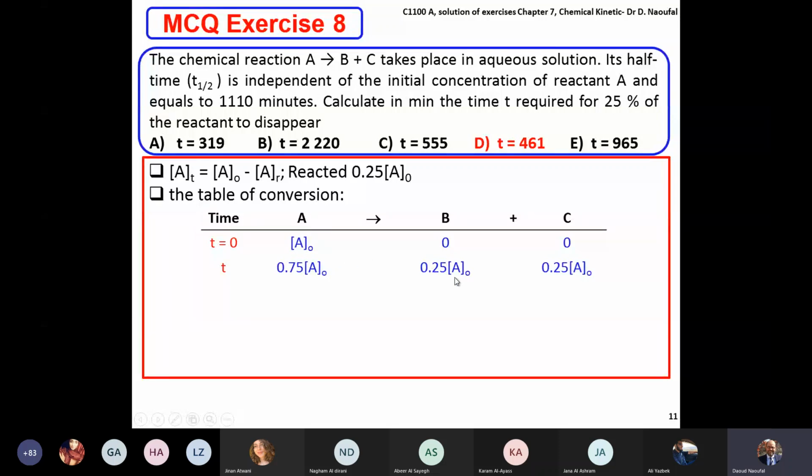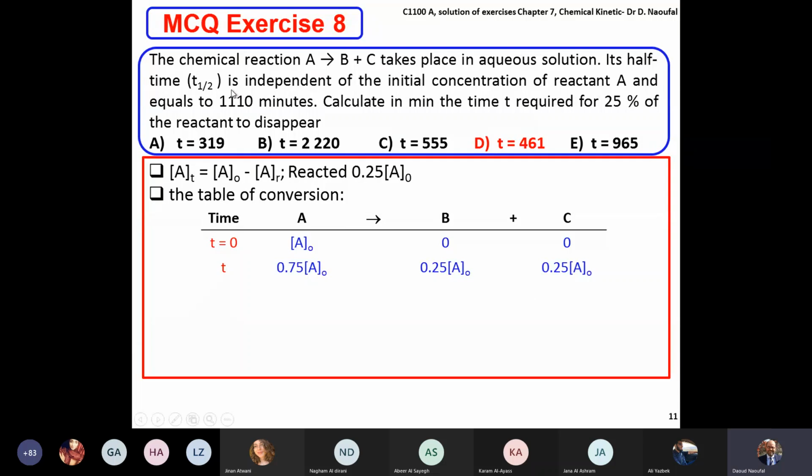So x equals 0.25 A0 in case of B and 0.25 A0 in case of C. This is the table of conversion, and this table is very important when you want to calculate the concentration of reactant or the concentration of product per time.